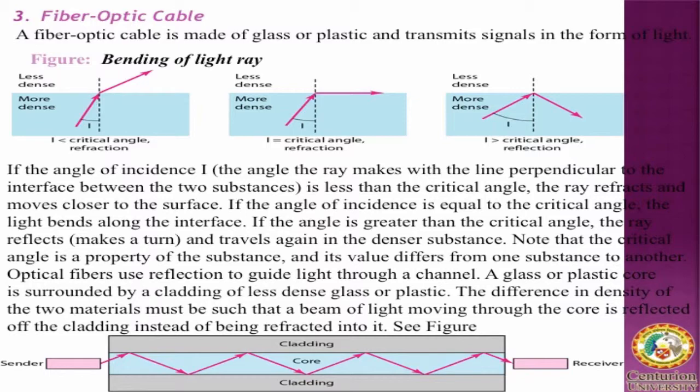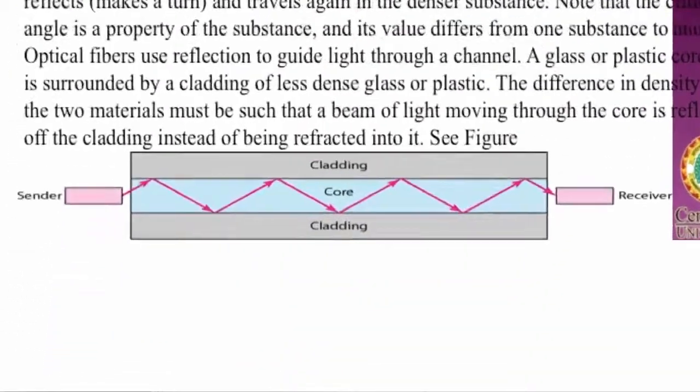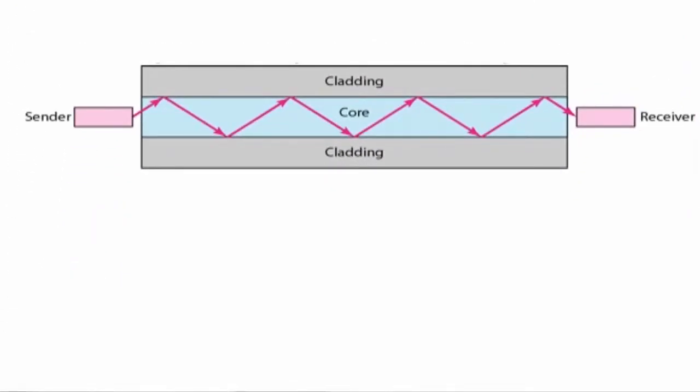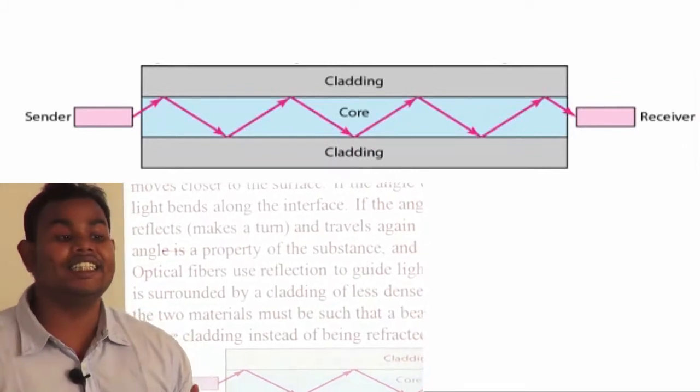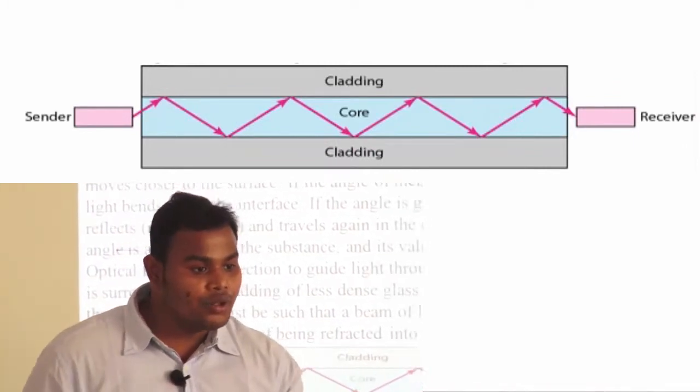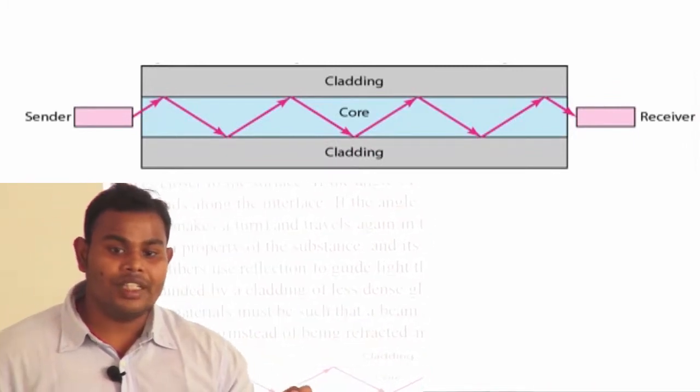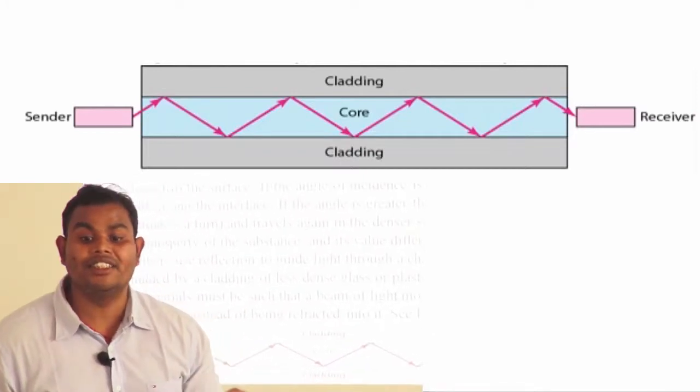It has two layers. A fiber optical cable has two layers. One is cladding, another is core. Both are made up of glass or plastic, and both have different density values.